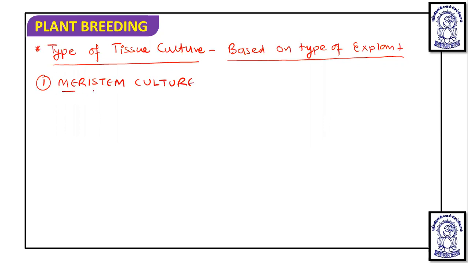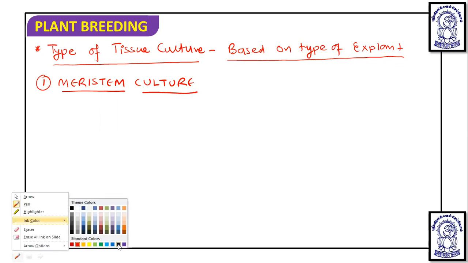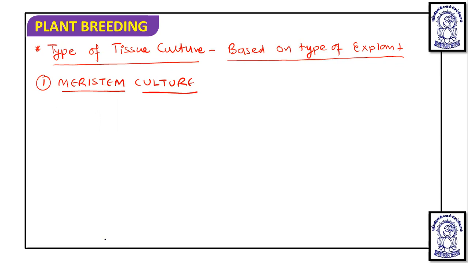If we talk about meristem culture, dear students, we know that meristem is a region where meristematic tissues are located in the plant, and meristematic tissues are a group of actively dividing cells. The region where these actively dividing cells are present is called the apical and axillary meristem.